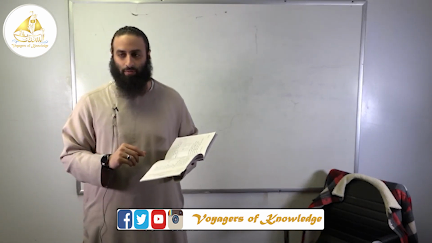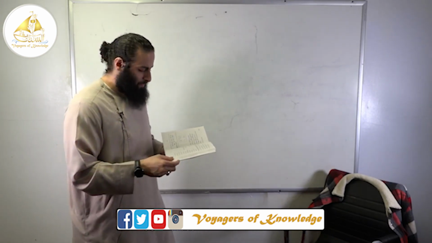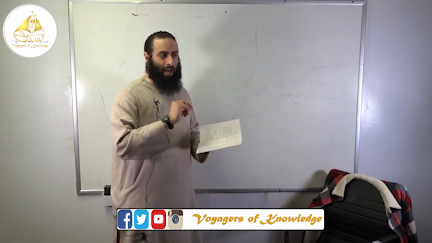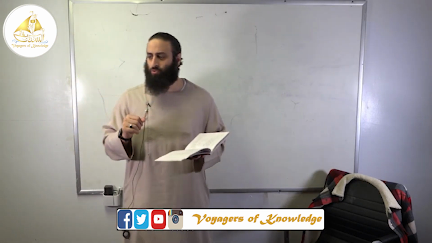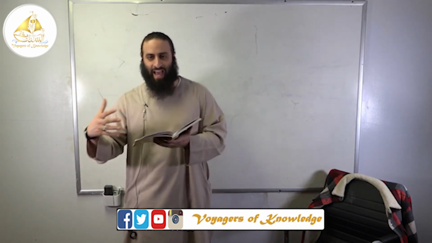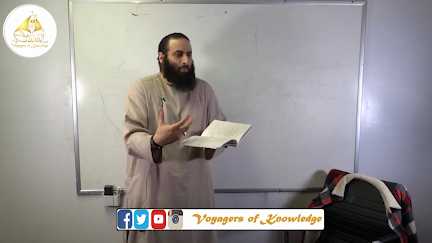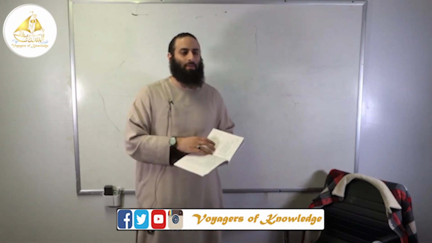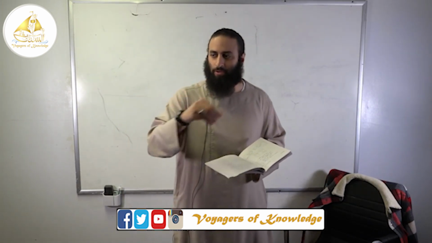Your guys' homework was on page 52, and it was looking at na'at and man'ut. Briefly we said na'at and man'ut means that one is an adjective and the other is the person or thing being described. Na'at is the adjective and the man'ut is the thing or person being described.